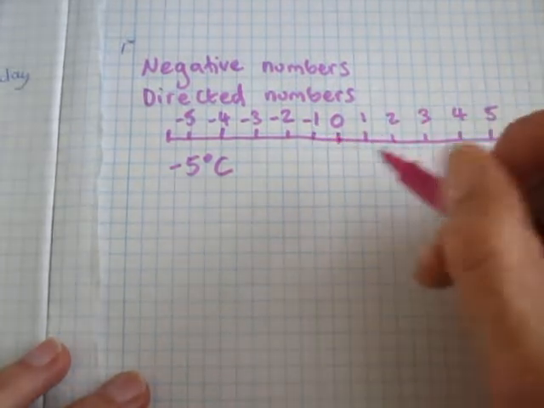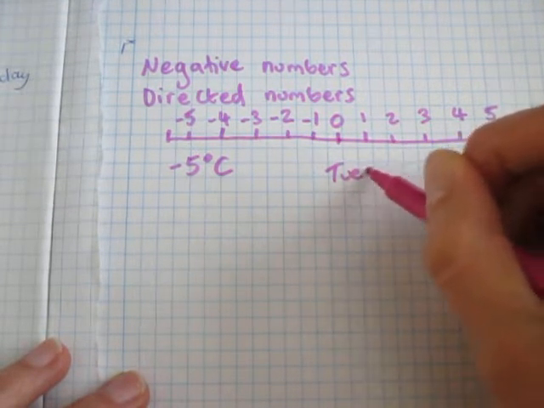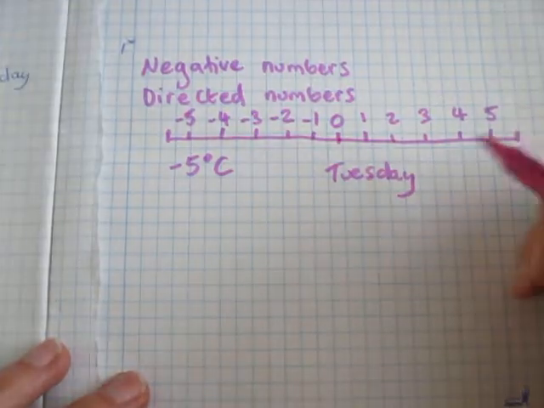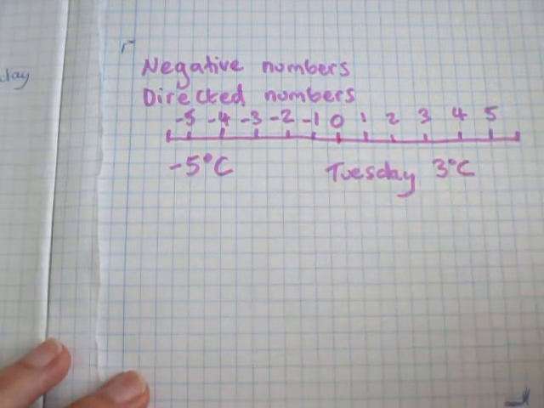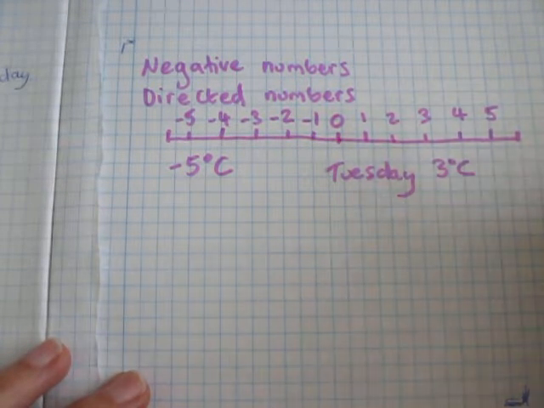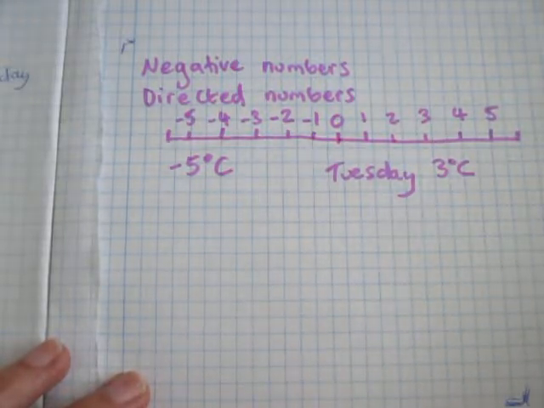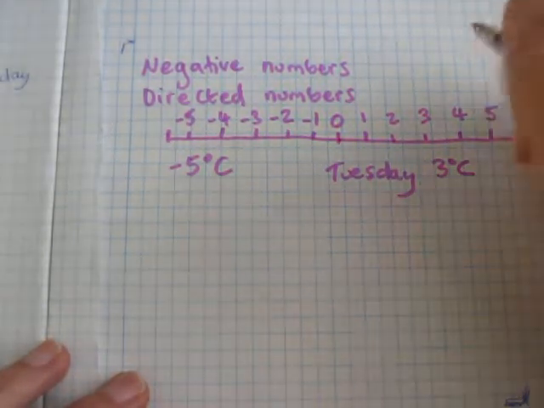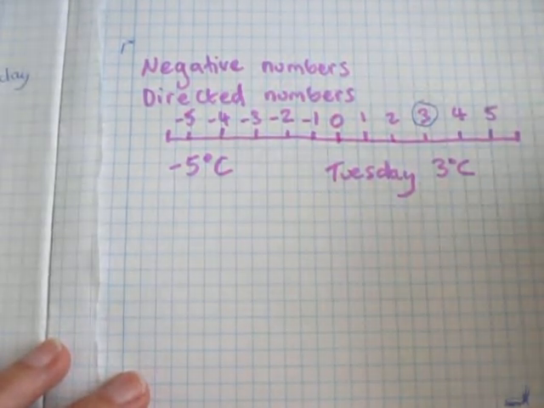Let's say on Tuesday it's 3 degrees Celsius. So we've got a cold winter's day in Denmark and it's 3 degrees.